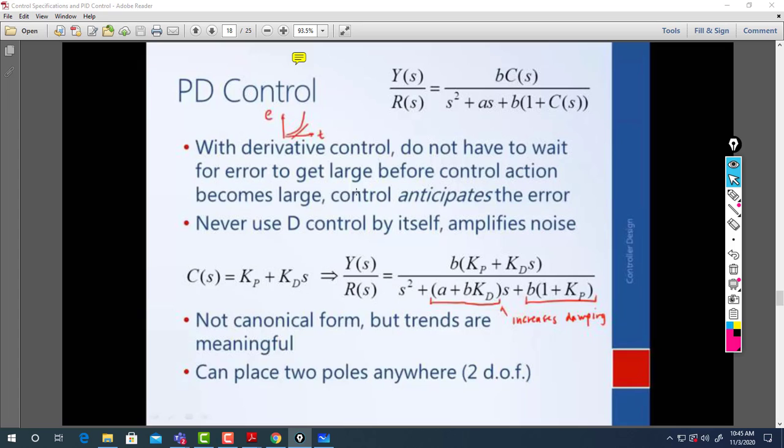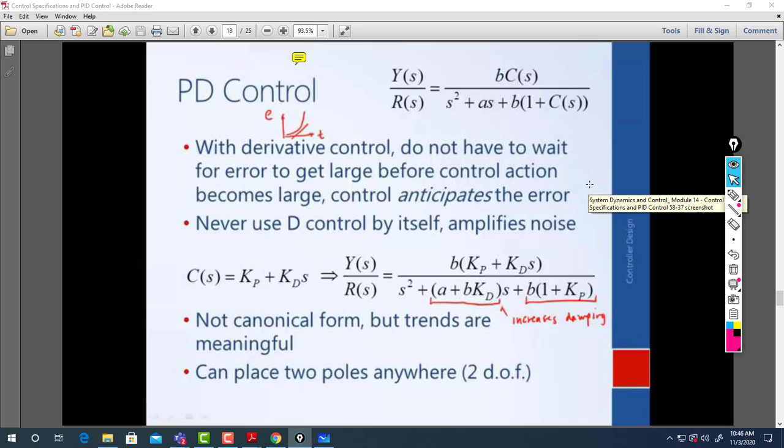So it will decrease the overshoot. If you have overshoot, you know that your error may go up too much, and the derivative will damp the overshoot. Okay, then it damps your overshoot. So that's why it improves the stability, but also makes the system faster.